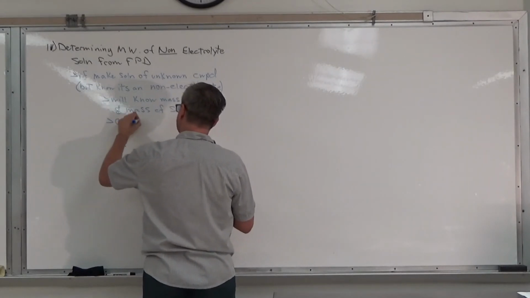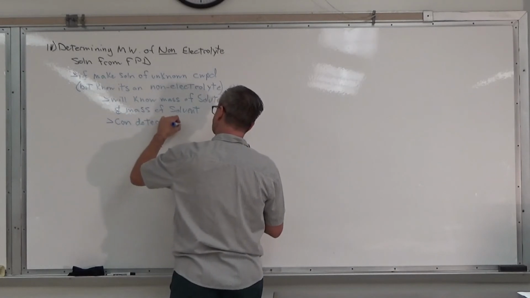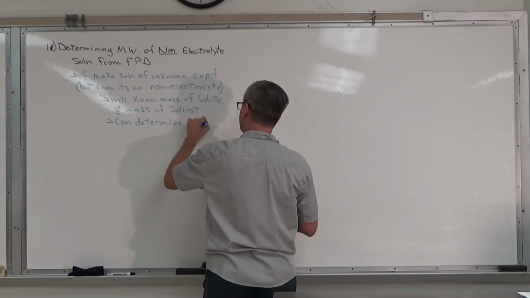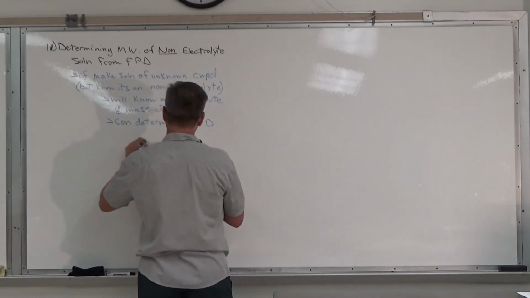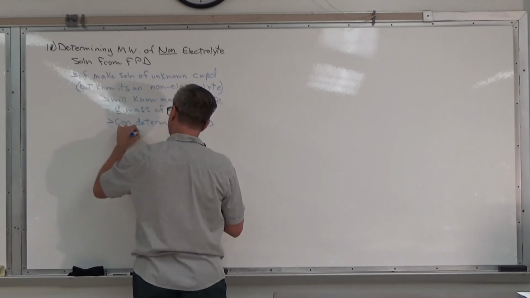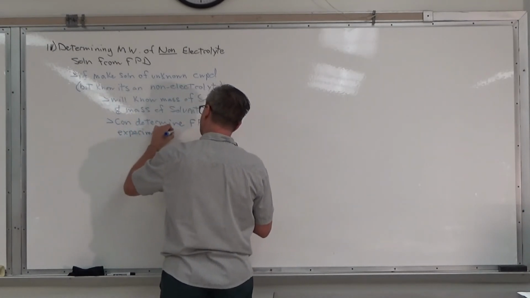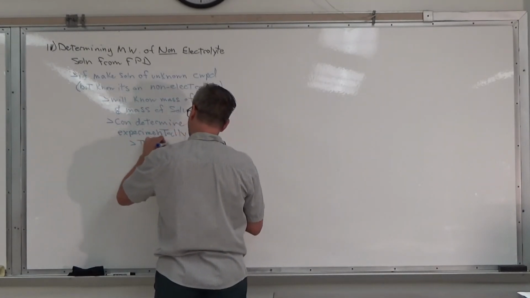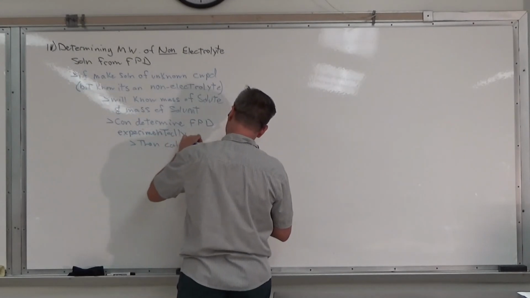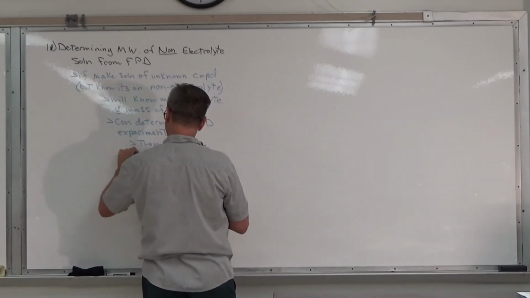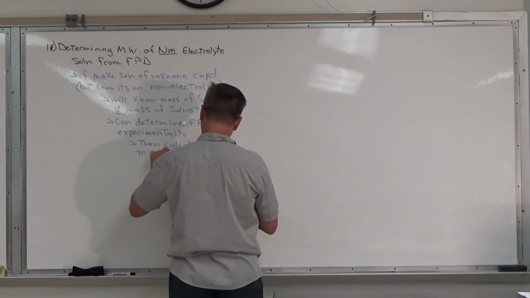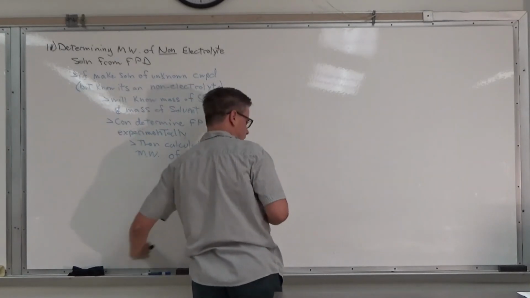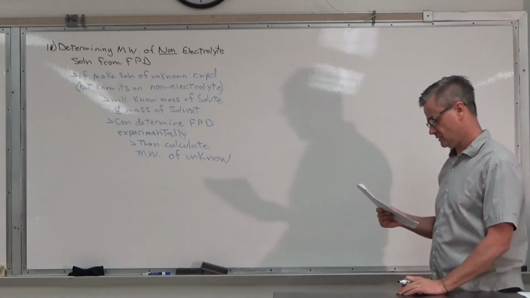We can determine the freezing point depression experimentally, and then calculate the molecular weight of the unknown. How in the world can we do something awesome like that?